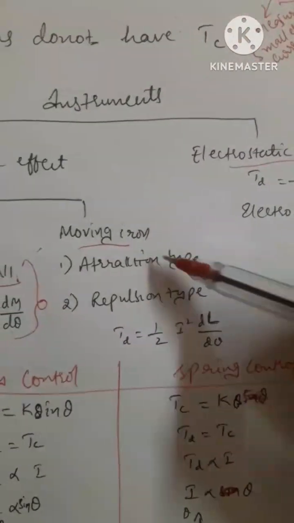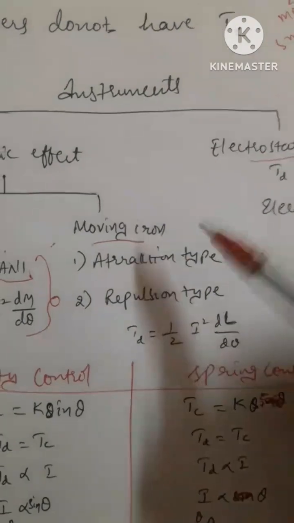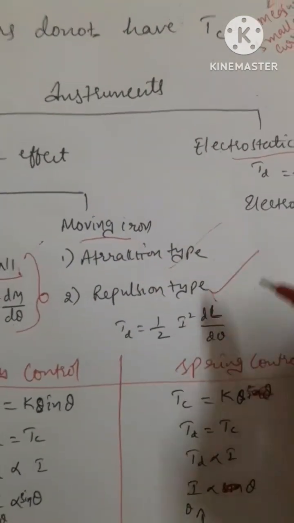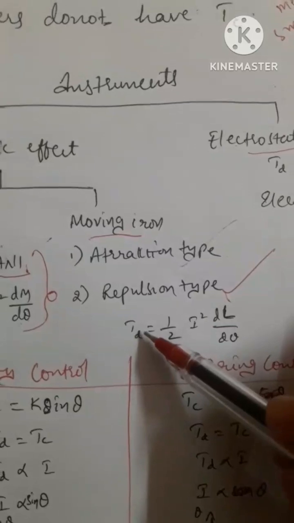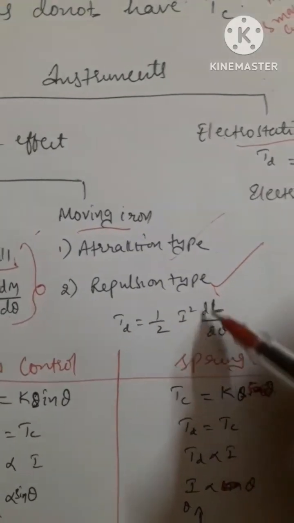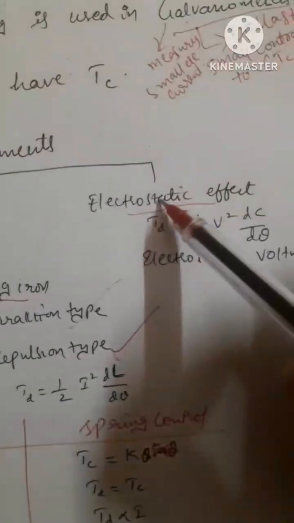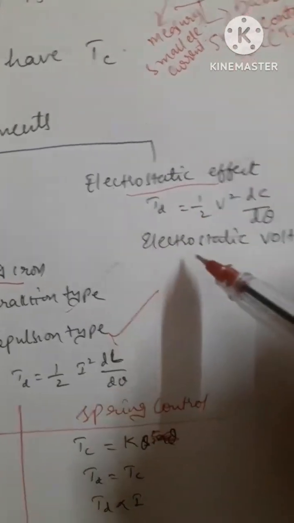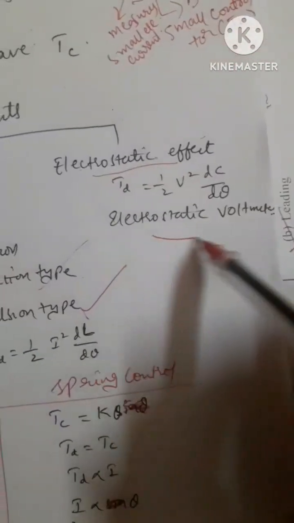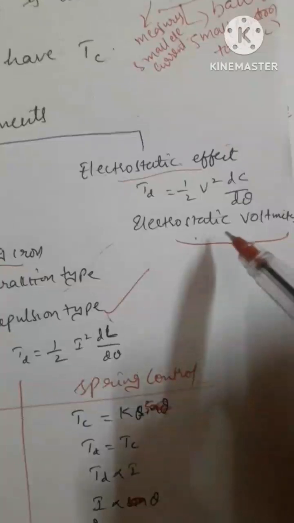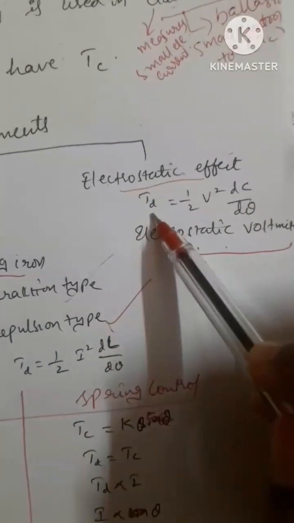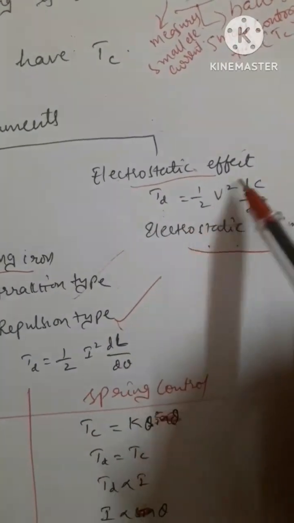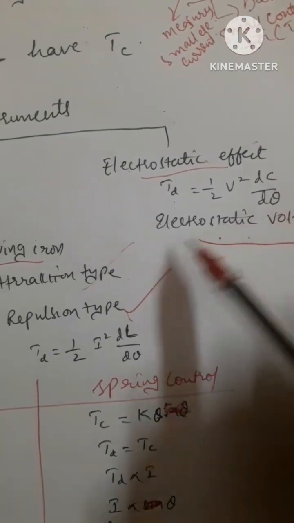In moving iron we have two types, attraction type and repulsion type. For these two, the deflecting torque is half I square dL by d theta. The electrostatic effect is present in electrostatic voltmeters, which measure voltage, and for these the deflecting torque is half V square dC by d theta.